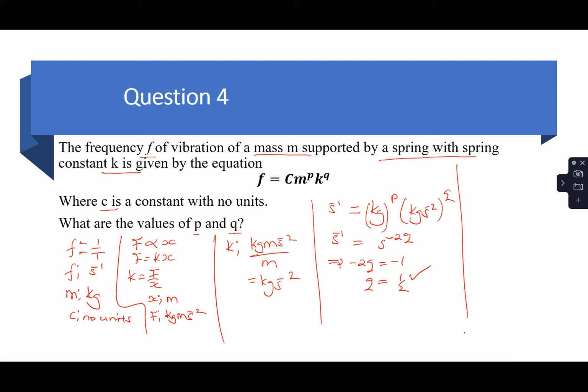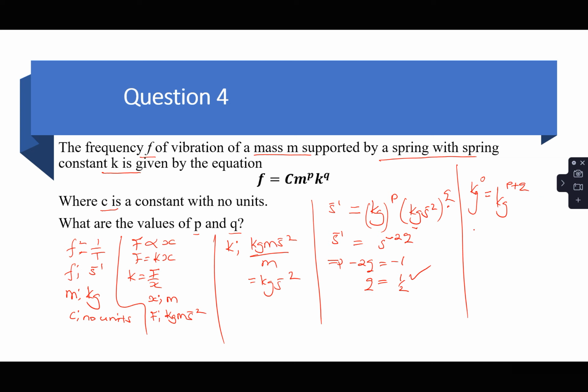Okay, then next, since on this side I don't have kilograms, I will say kilogram power 0, because anything to power 0 is 1. Then this will be equal to this side, where I have kilogram power p, and I also have kilogram power q. So it becomes p plus q, we add the powers.